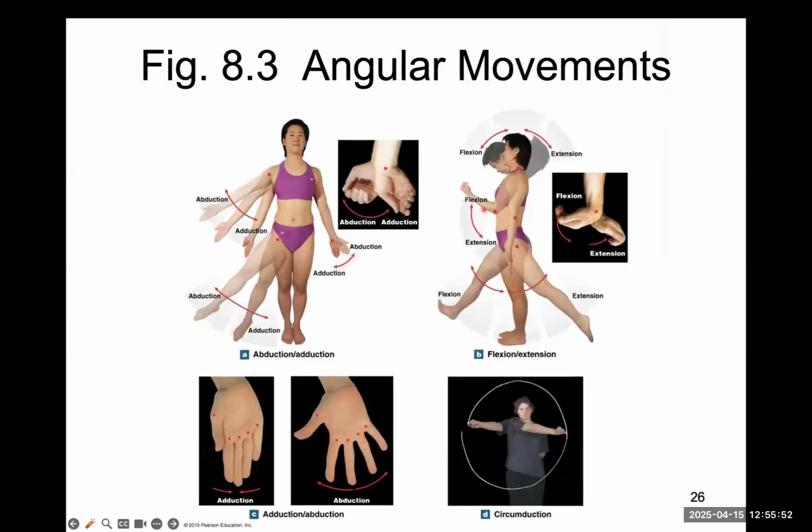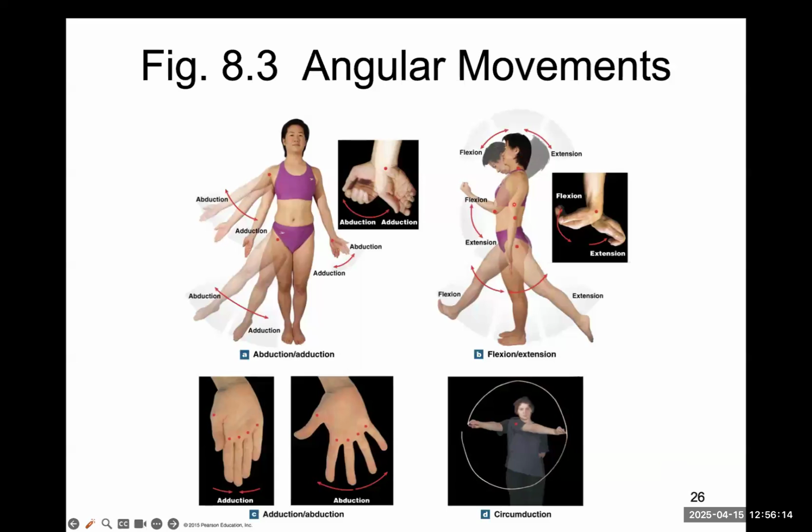So here you have some other body parts being shown. Arm: flexing your arm and then extending it, straightening it. You can also do it with your hip and your leg. You can do it with your spine and your neck as well. If you make your elbow straight, that's extension.